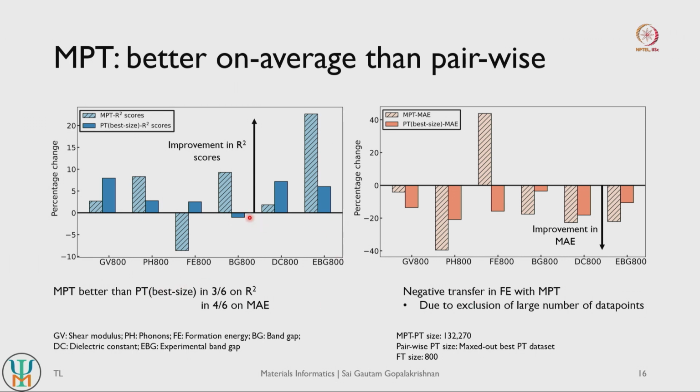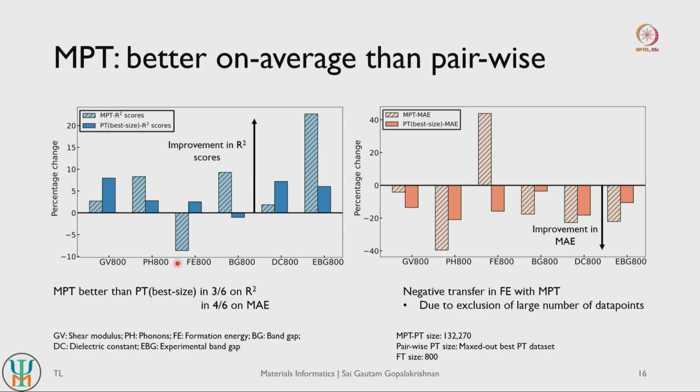There are a couple of instances where we did observe negative transfer. Whenever we were trying to predict formation energies using MPT, we found that the models were having some negative transfer. So they were performing inferior or poorer compared to scratch models. The reason is that formation energy constitutes the biggest set of data points that we have, right.